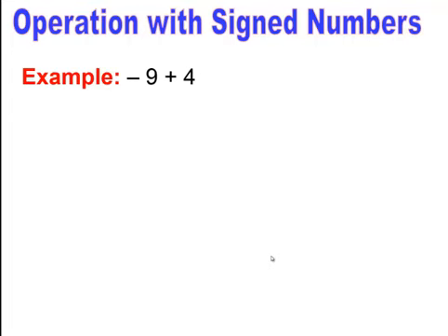So in this example, you can clearly see I have two different signs. I have a negative 9 and I have a plus 4 or a positive 4. Whenever you have different signs, you're always going to have to subtract. Now you can't subtract 9 from 4 because 4 is smaller than 9.